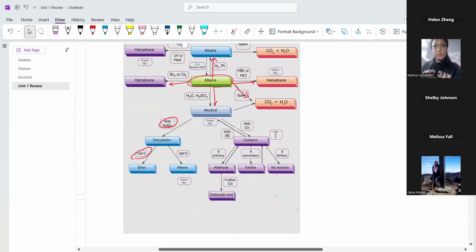Now, if we look at this guy here, we had an alcohol, butanol, under acidic conditions and at 140, that means it forms the ether.